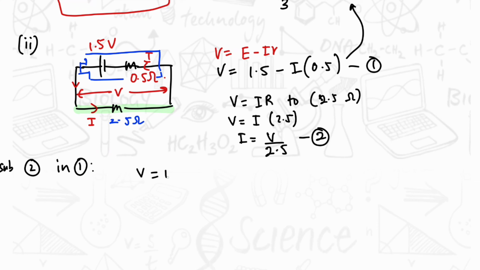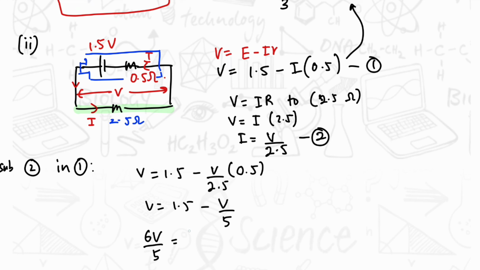Therefore we get V equals 1.5 minus V over 2.5 times 0.5. So we get 1.5 minus V over 5. So if we simplify this, we get 6V over 5 is equal to 1.5, which can be written as 3 over 2. Therefore, V is equal to 3 over 2 times 5 over 6.